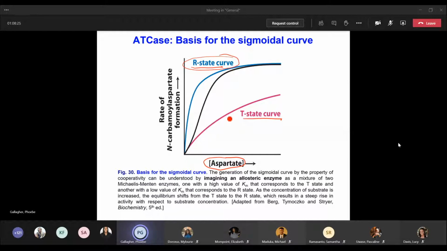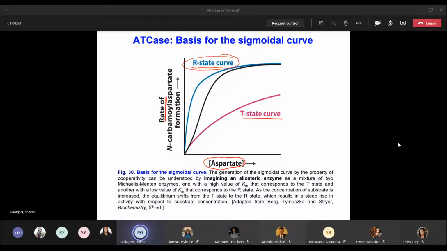Your T-state curve, this would be where your enzyme is at a conformation that causes it to be less receptive to aspartate. So you need more aspartate in order to get it to bind to the active site and then form products. So it would need to rely on an increasing amount of aspartate in order to change its conformation and therefore make it more receptive to forming product and increasing the rate of the reaction.